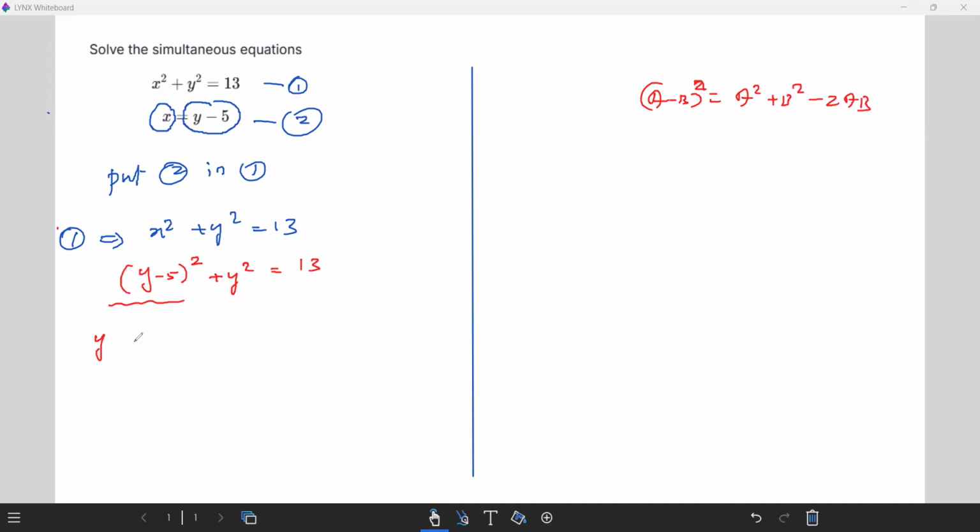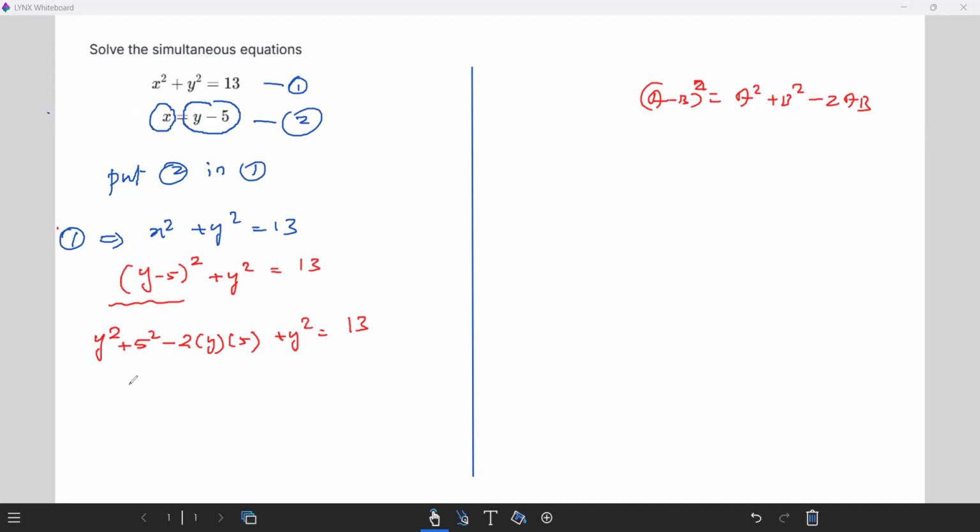So I'm going to apply that formula here. So y minus 5 the whole squared will be expanded as y squared plus 5 squared minus 2 into y into 5, plus y squared equals 13.